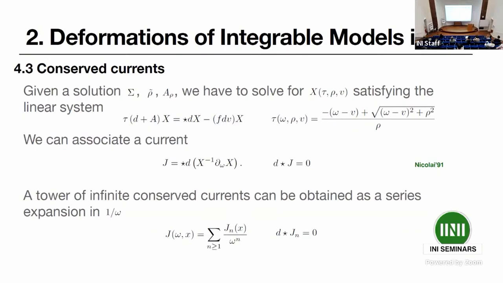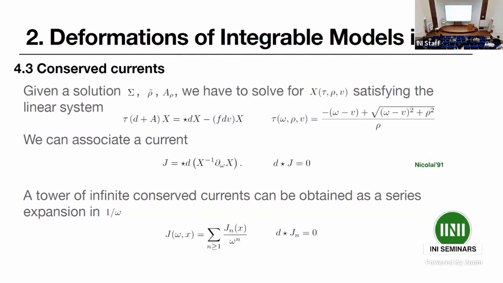This particular current was introduced in this famous paper by Nicolai. So once you have a solution, then you compute this object. Of course, if you take star of D of this object, then you're going to get a conserved quantity.